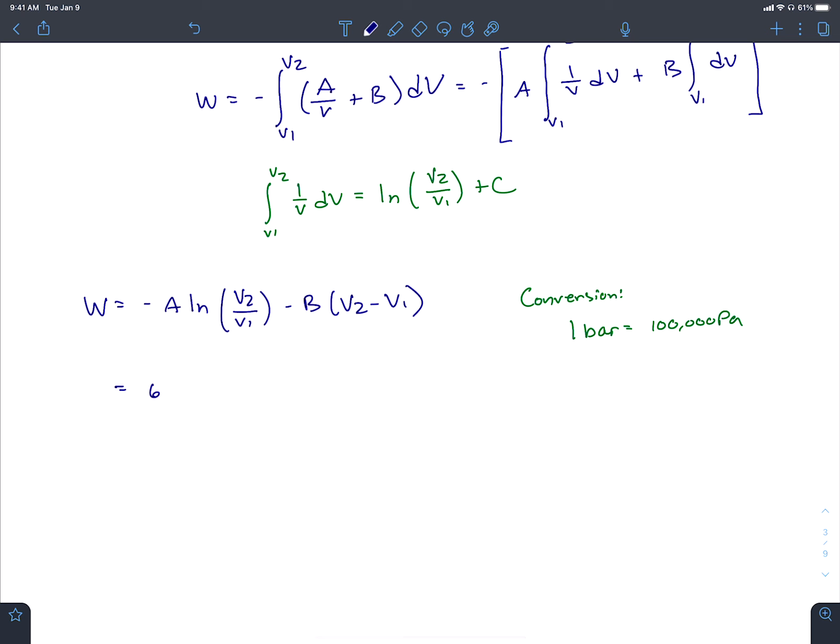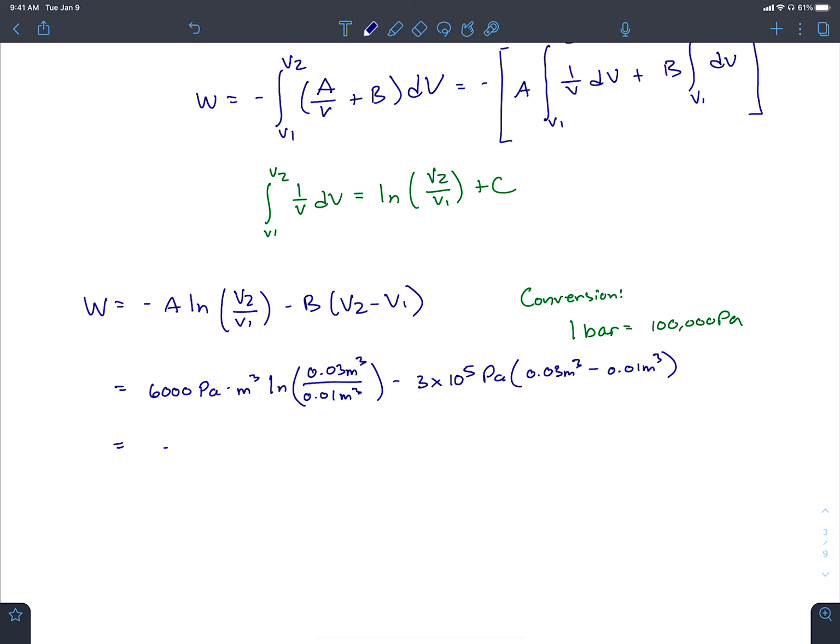So plugging this back in, we get 6,000 Pascal meters cubed times ln of 0.03 meters cubed over 0.01 meters cubed, minus 3 times 10 to the 5th Pascal times 0.03 meters cubed minus 0.01 meters cubed.